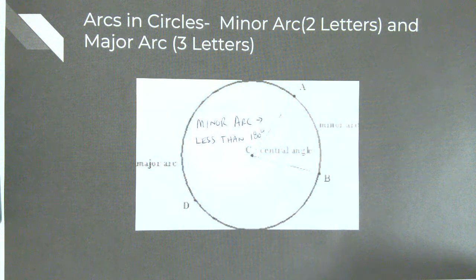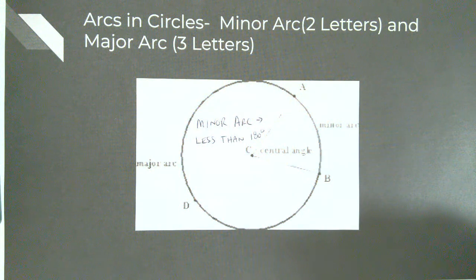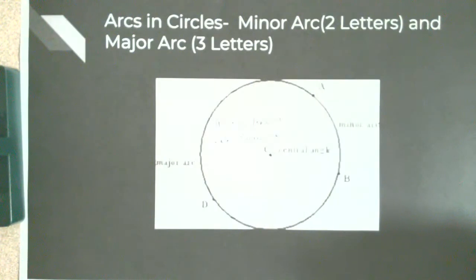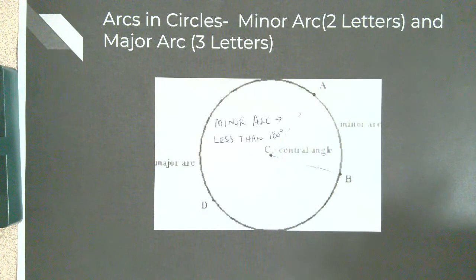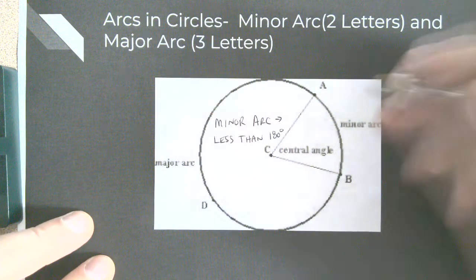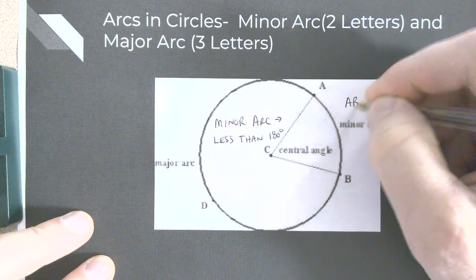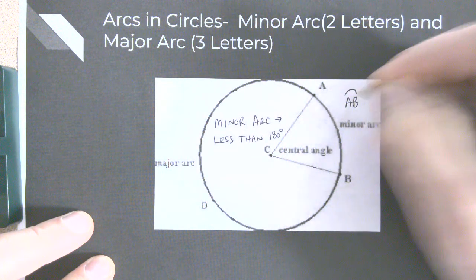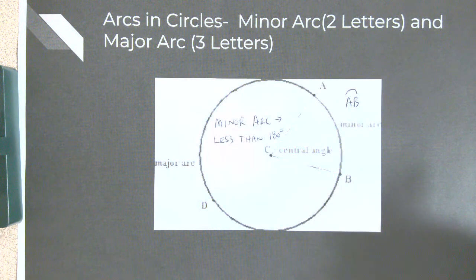When we're labeling a minor arc, we use two letters. If I'm saying this minor arc here, we could say that is arc AB. You list the two letters and put a little arc over the letters. Again, the order of the letters does not matter. I could also call it arc BA if I wanted to.